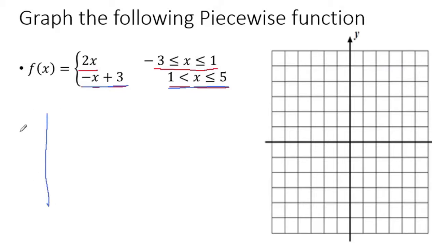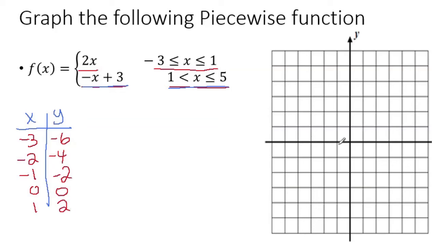I'm going to make a table with x, y. The first piece is going to have -3, -6, -2, -4, -1, -2, 0, 0, 1, 2. And I'm going to graph these values.